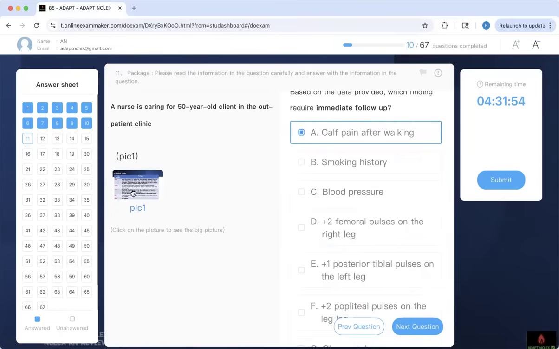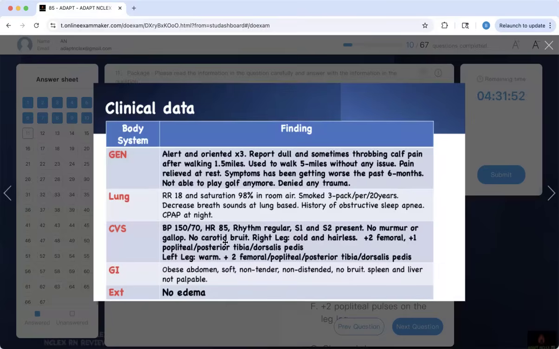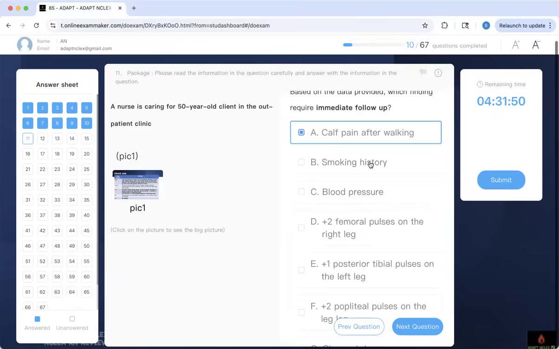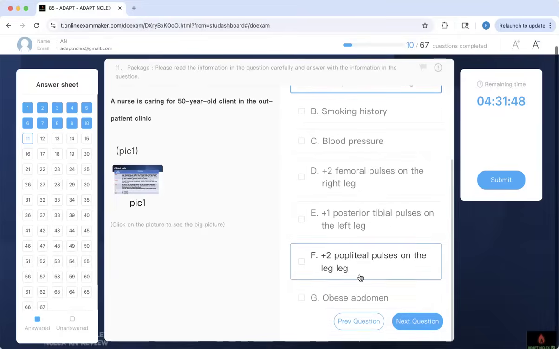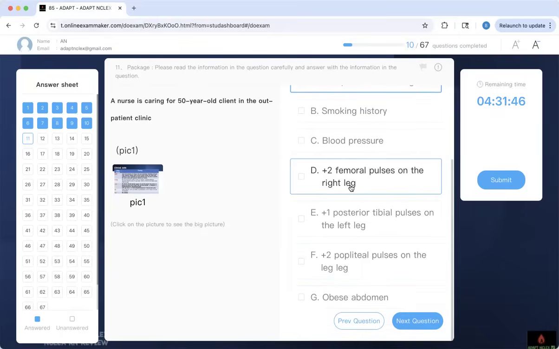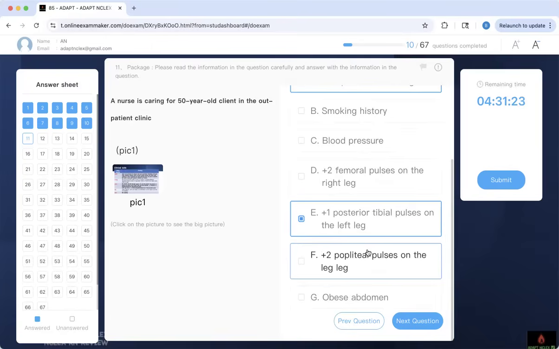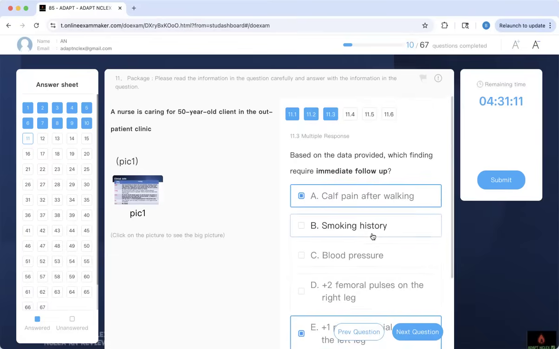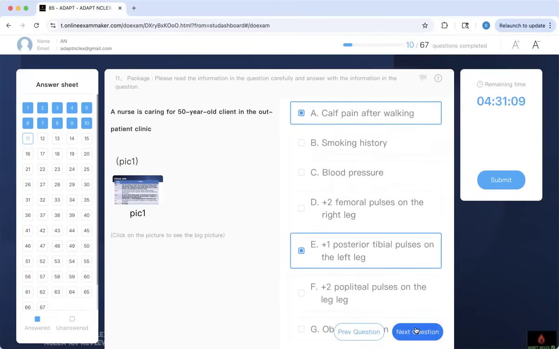Blood pressure is chronic and it's not that bad. Peripheral pulses +2 is okay. Posterior tibial +1, I can do something about it. +2 popliteal is good. It's obesity, well, good luck with that. We can fix it. So the only two are calf pain and decreased pulses.